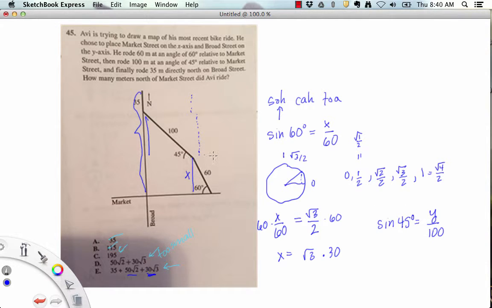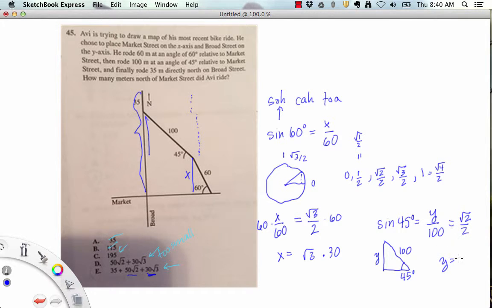So we've got this triangle, 100. If it helps you, it might be worthwhile just redrawing that triangle by itself. So this is 100, this is some distance we want to know, and then this angle is 45 degrees. So this, we know sine of 45 degrees. That's the one that's the same for sine and cosine, because it's halfway between.